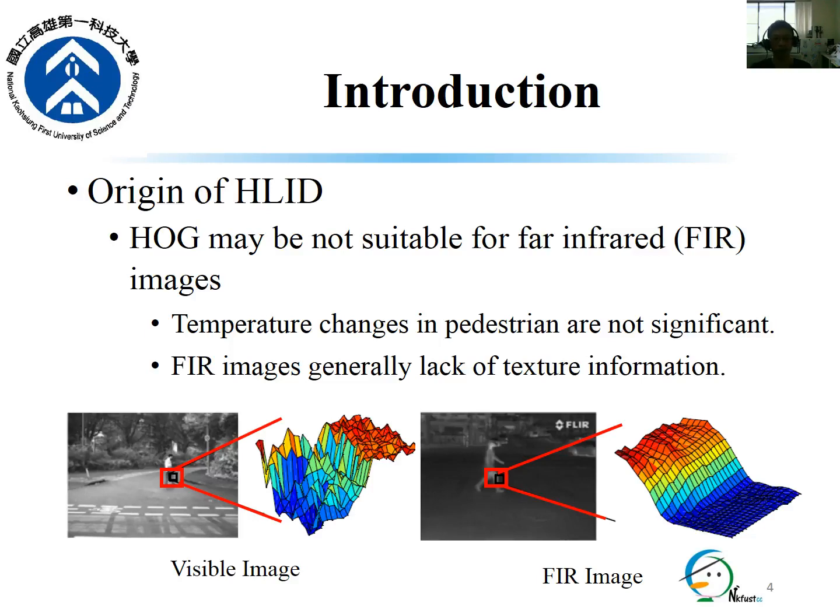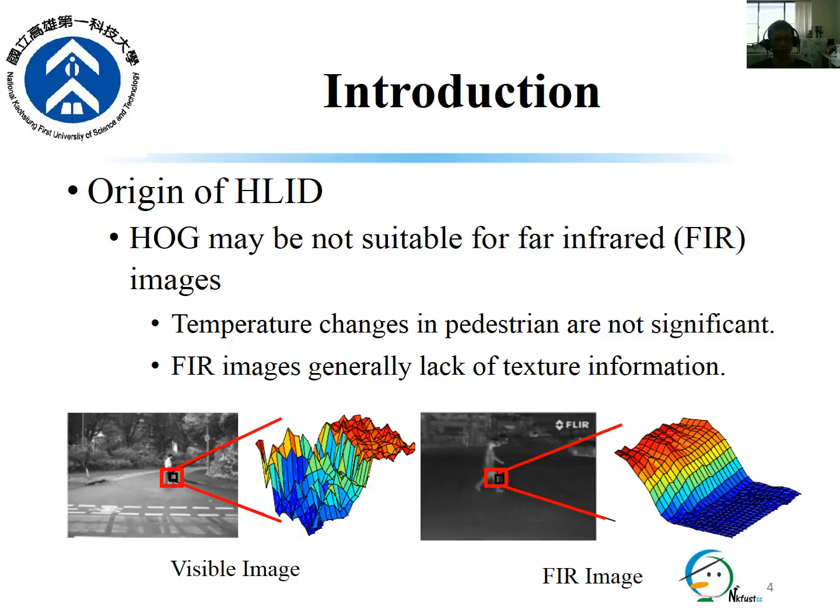This phenomenon can be seen in these two intensity distributions of the same rectangles in visible and FIR images, respectively. Secondly, since a far infrared camera captures low frequency, far infrared images generally lack texture information.